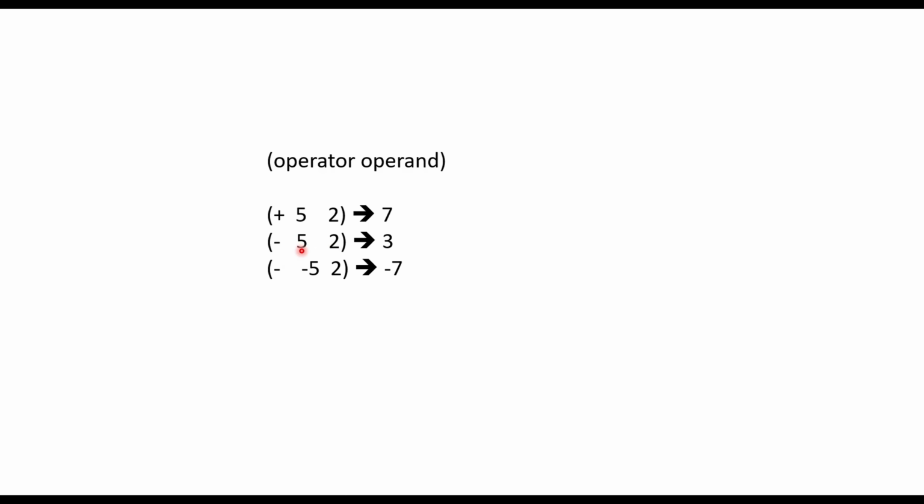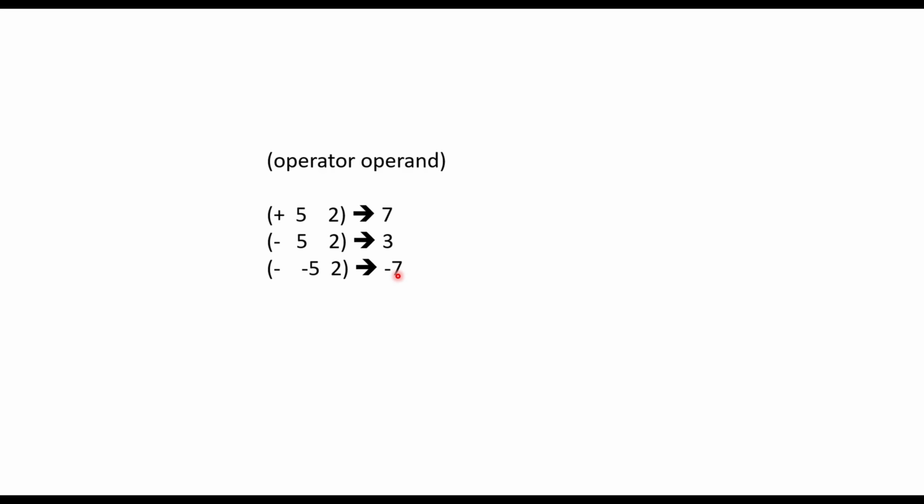So it will subtract 2 from 5. This negative sign is not the sign of 5. This one is the operation, and 5 has a positive sign. So you will get an answer of 3. When you want to have a negative 5, you have to put a minus with this 5. Now it will subtract 2 from negative 5, so you will get negative 7. That's how the Scheme language works.